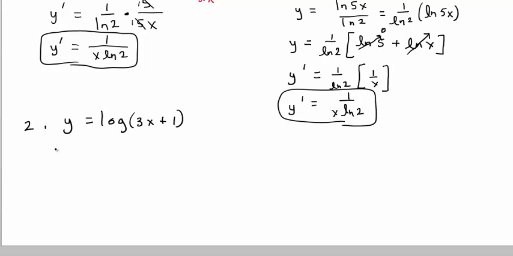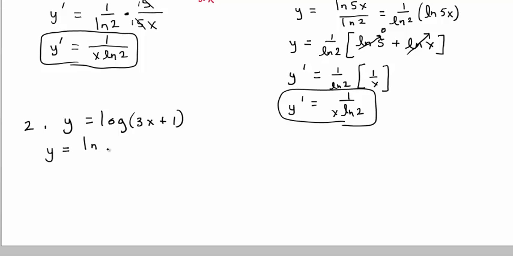All right, so let's find y prime. Actually, I'm going to go back. Instead of going right to the formula, which, I mean, this one's easy, you can use the formula where this is u, and so it would be 3 over this quantity times 1 over natural log of 10. I'm going to just follow through with my change of base.